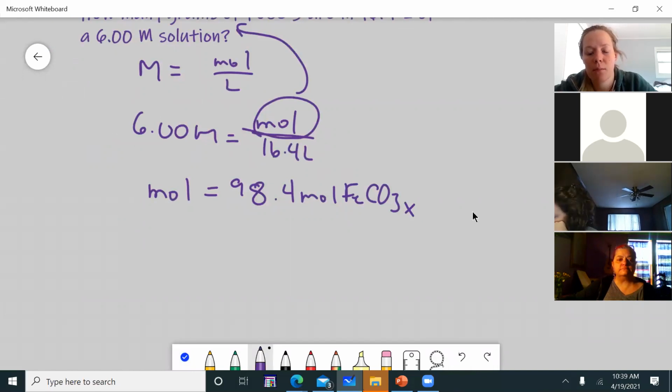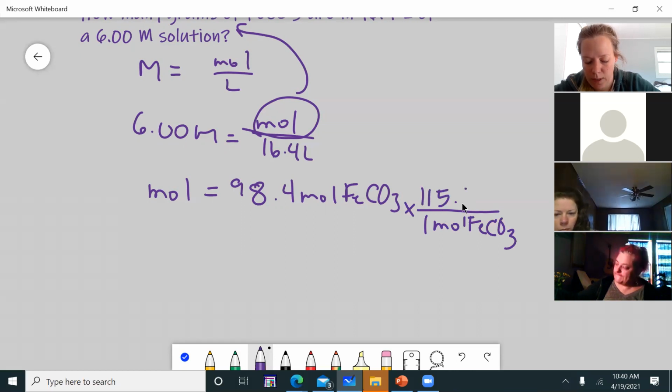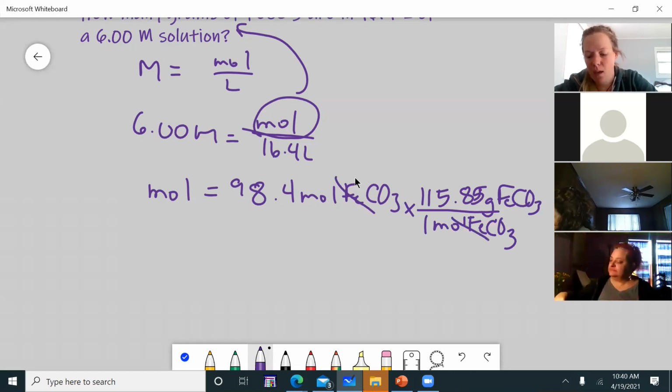So we want to convert this by using the molar mass. So 1 mole of FeCO3 is 115.85 grams of FeCO3. Sorry, the internet is working a little slow here.